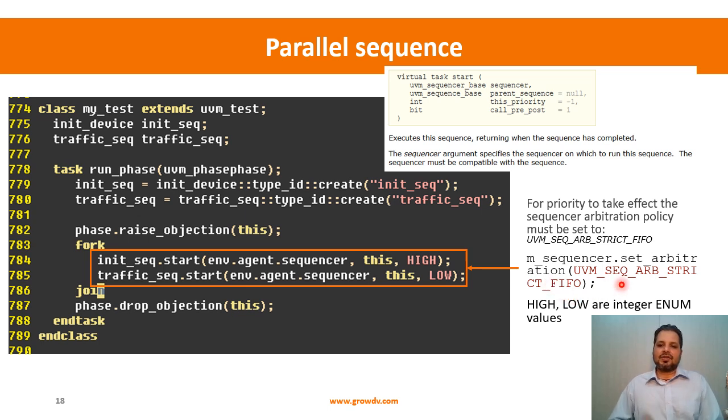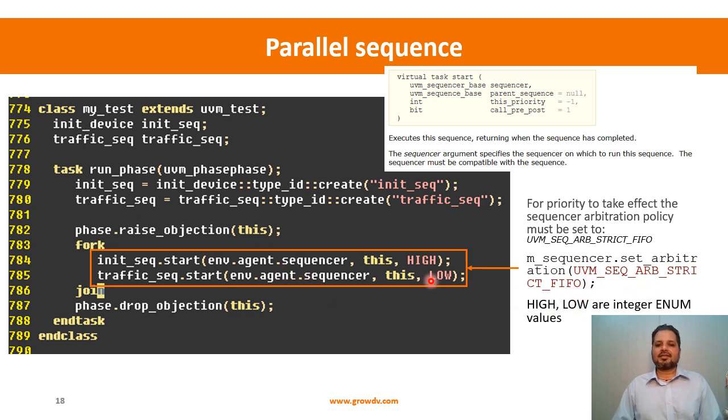Whenever a sequence starts running on a sequencer, within the sequence it has a handle called m_sequencer, which is assigned to the sequencer handle on which it is running. This all happens automatically within the UVM. So you can use m_sequencer.set_arbitration and pass this particular thing. This must be passed for this example to work.